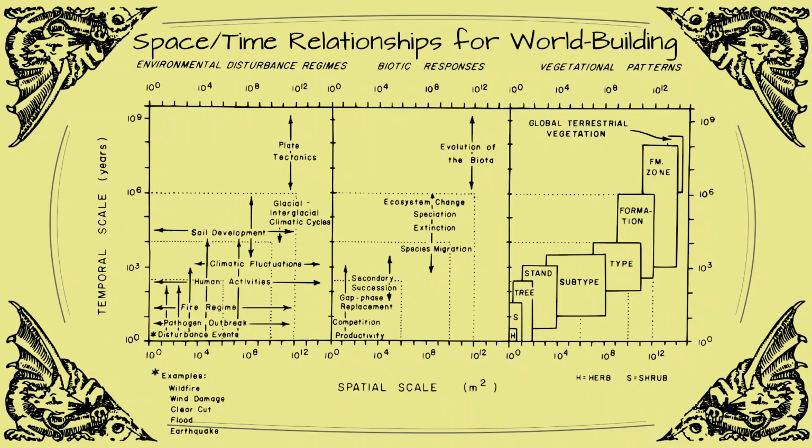What you can see here is that on the environmental disturbance regimes, at the smaller scales in space and time, we can see disturbance events like wildfires and wind damage and clear-cut forests and smaller areas of flooding and earthquake damage and that sort of thing.